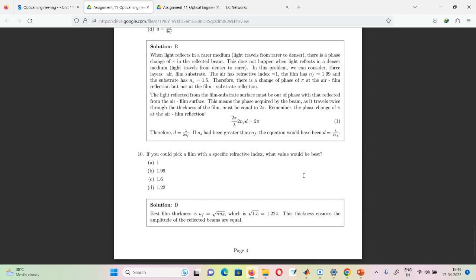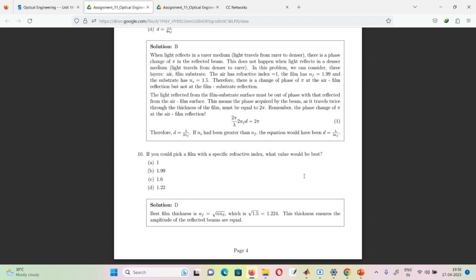So the same question can be a double question: you are given two materials, the top material and the bottom material, and you have to put a thin film in between. You are given the option to choose the refractive index as well as the thickness.